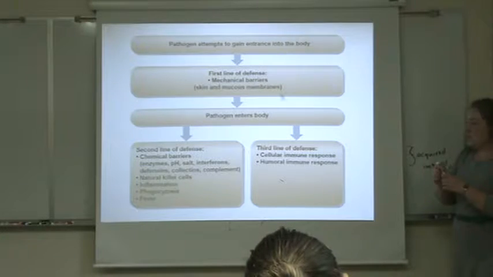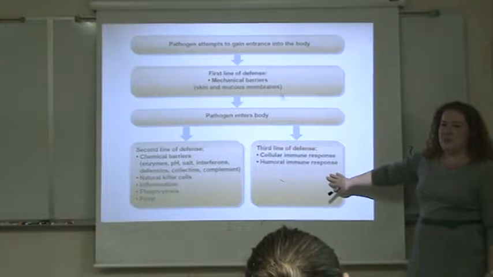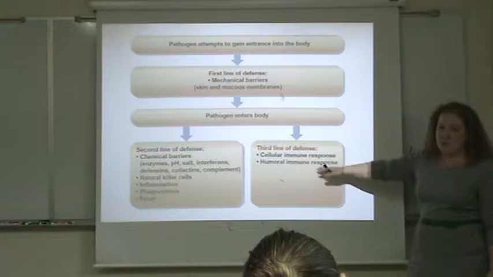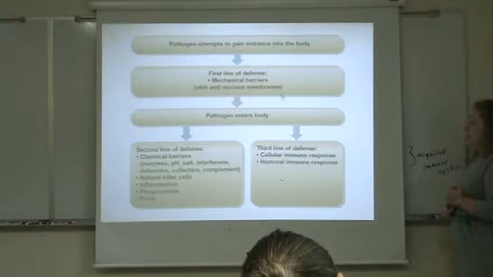There are a lot of pathogens that don't ever make it to this point, so we don't truly mount immunity against them. So if they get far enough, we will start the process of making this kind of immunity.